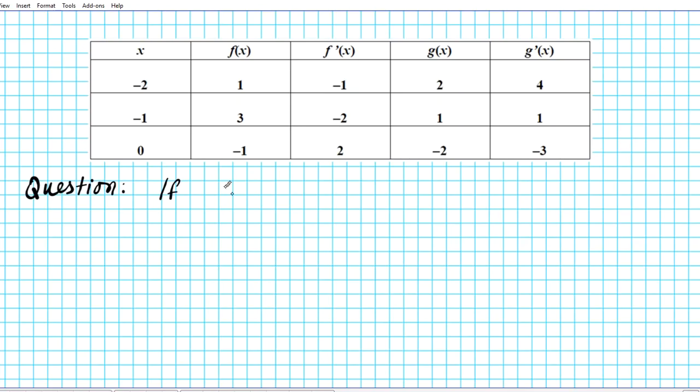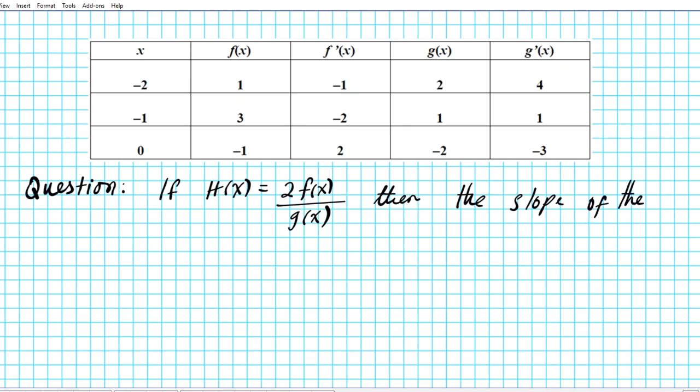If we have a function, let's call it h of x, if h of x is equal to 2 times f of x divided by g of x, then the slope of the tangent line to h of x at x equals negative 1 is what?